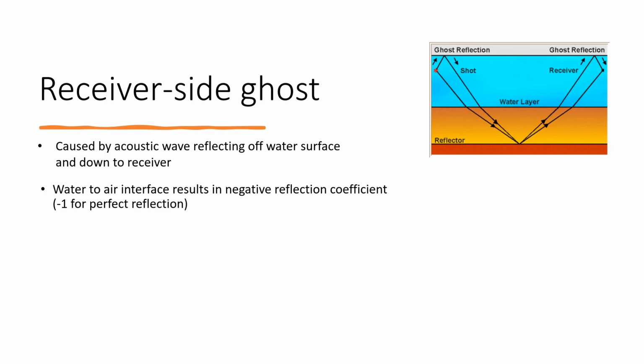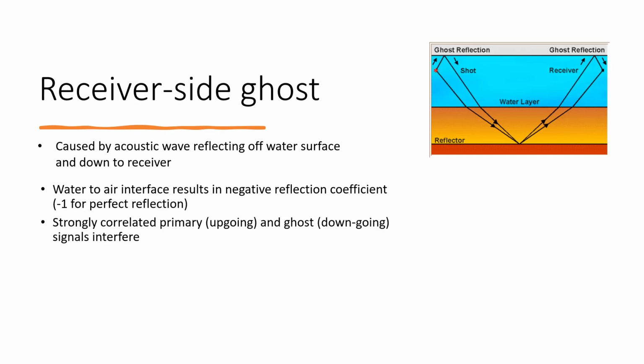So -1 would mean perfect reflection. It's not usually perfect reflection, but it's usually quite a strong reflection from the sea surface. So what you end up with is a strongly correlated primary, the upgoing, sorry, and downgoing ghost, and they interfere.